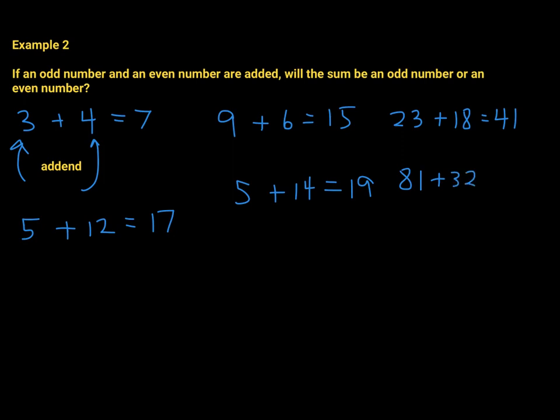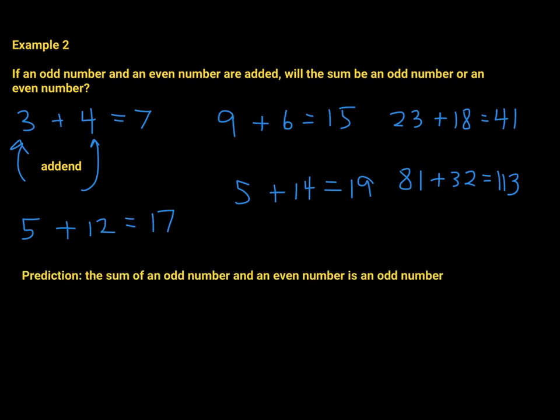Oops, sorry, I meant to write equals. The sum, odd. So by looking at these few examples, of course, we haven't exhausted every single example. Of course, that's impossible. Just looking at these few examples, we might make a prediction that indeed the sum of an odd number and an even number is an odd number.